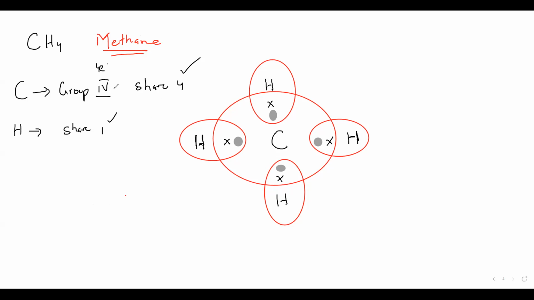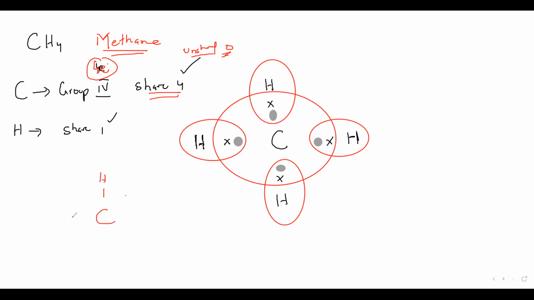And for the symbolic representation, in case of carbon, because carbon belongs to group 4, it is having 4 electrons and it is sharing all 4 of them, so unshared will be 0. So there is no unshared electron on carbon. When we represent, each pair is represented by a single line.